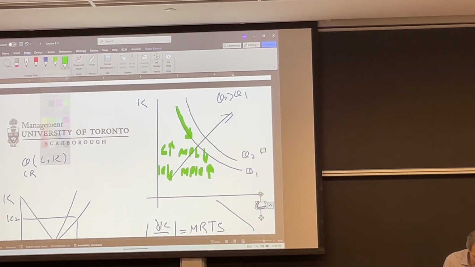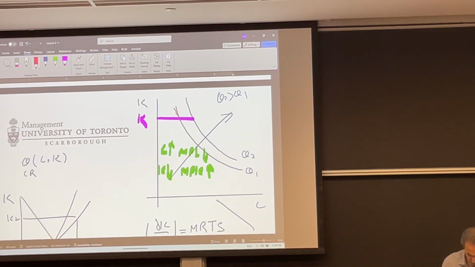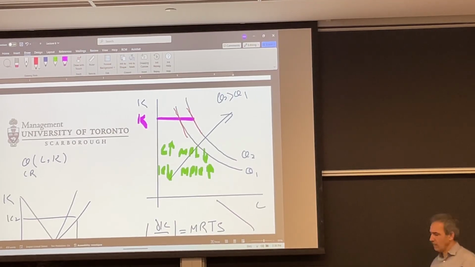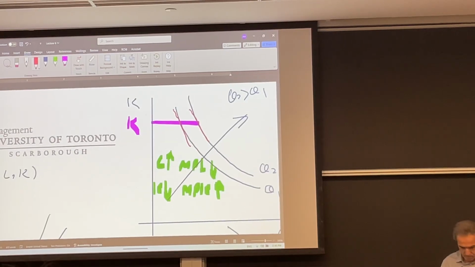Let's fix the capital and look at the slope of these two isoquants. Can you figure out the relation between these two? I fix the capital and just use more labor.